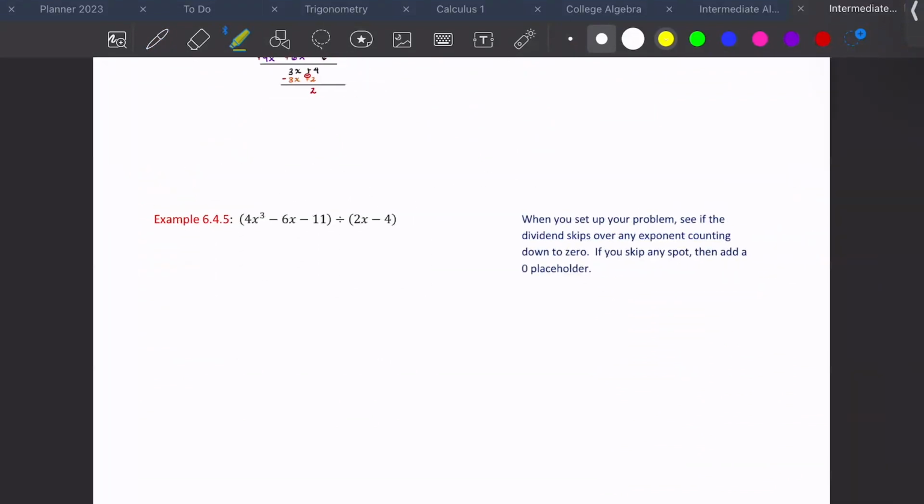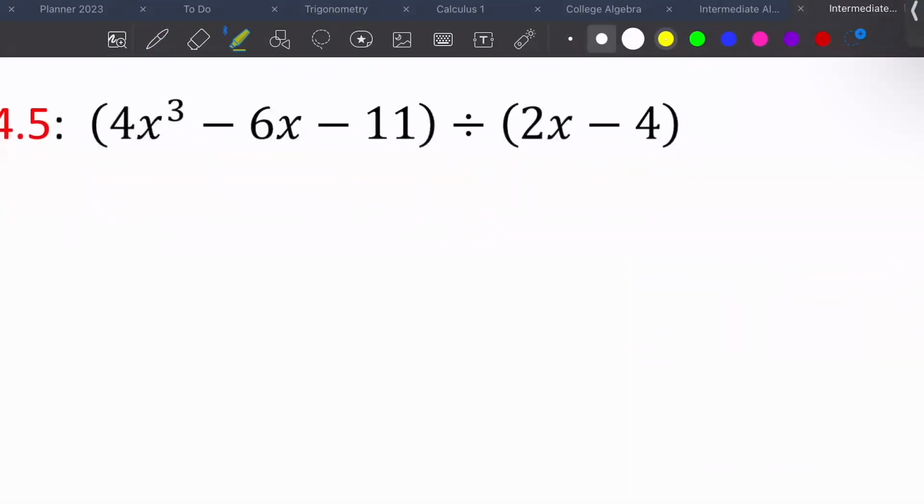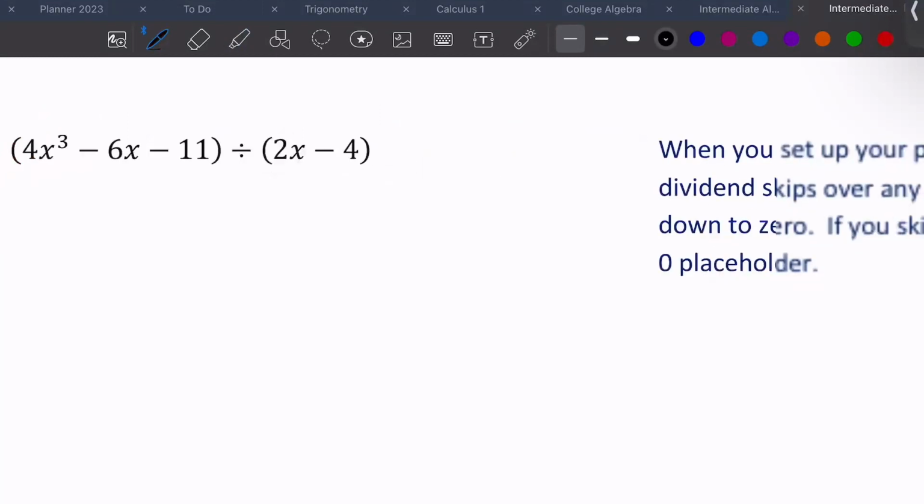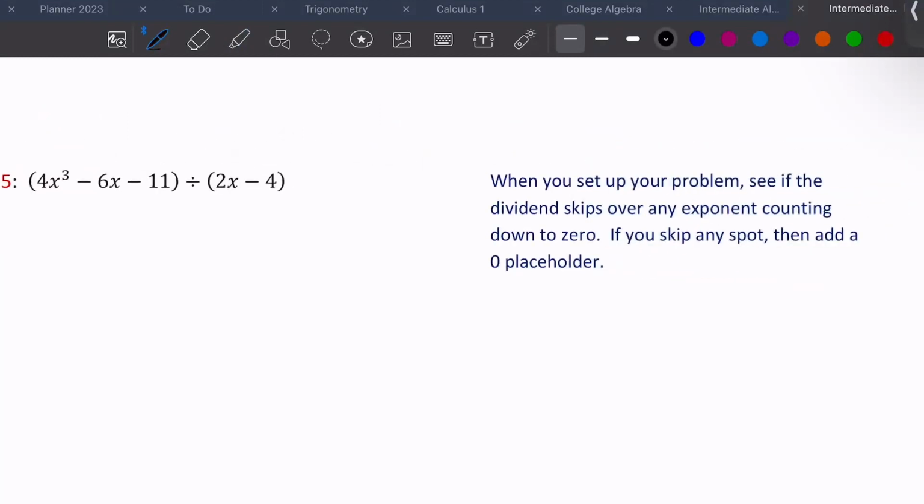All right, look at this one. All right, look at this note over here. When you set up your problem, see if the dividend skips over any exponent counting down to 0. If you skip it, then you have to add a 0 placeholder, okay?